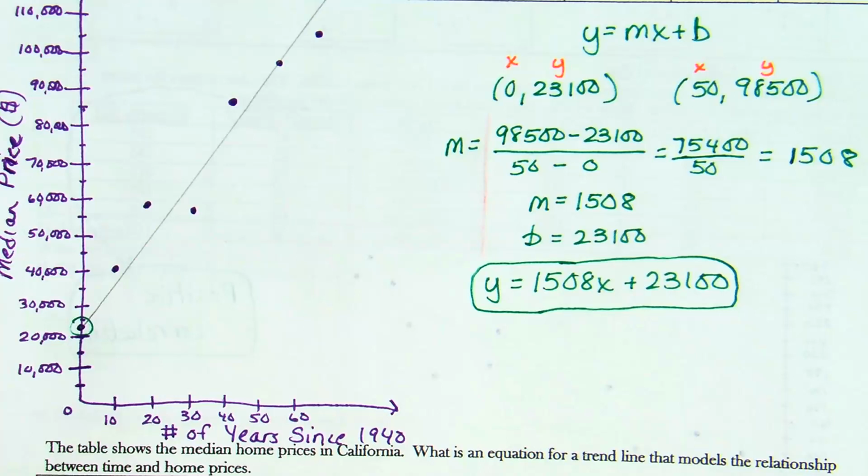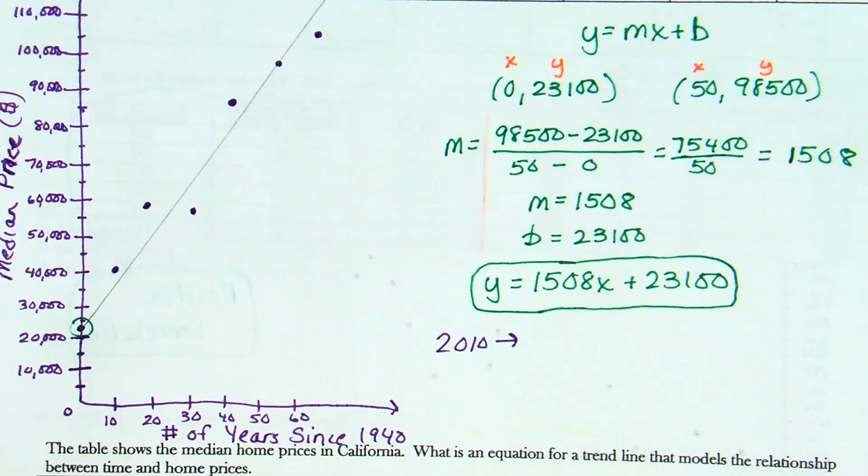Use the equation. So am I just eyeballing it on the graph? No, you are going to plug in your number for X. What number am I plugging in for X? 70, because 2010 is 70 years after the year 1940. So, y equals 1,508 times 70 plus 23,100.